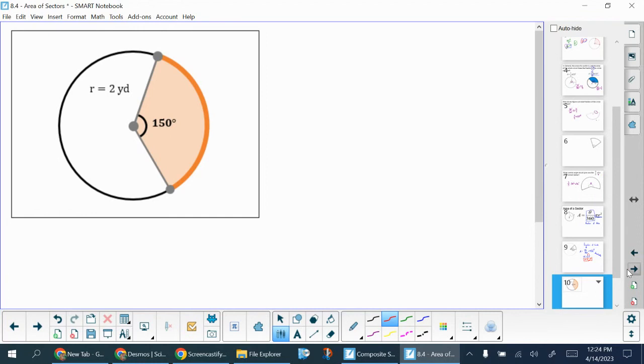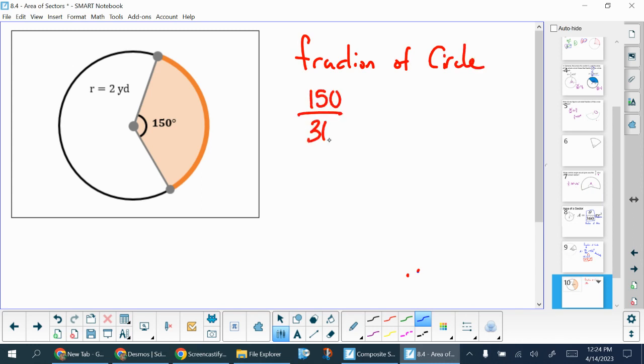If I'm looking at something like this, very, very similar deal. Again, I'm just going to think about this as a fraction of a circle. It is 150 out of 360. That's what fraction I have this time. Times, or of, my circle, which is pi times the radius of 2 squared. And I can simplify that as much or as little as I want.